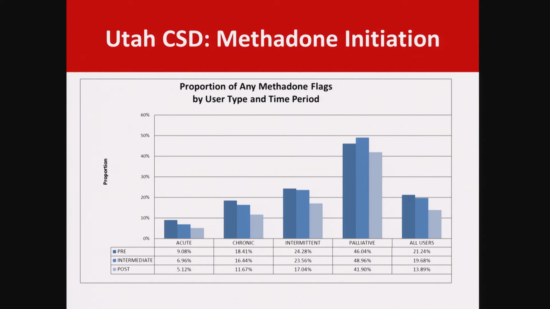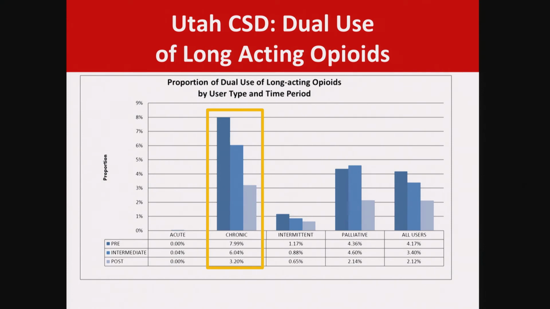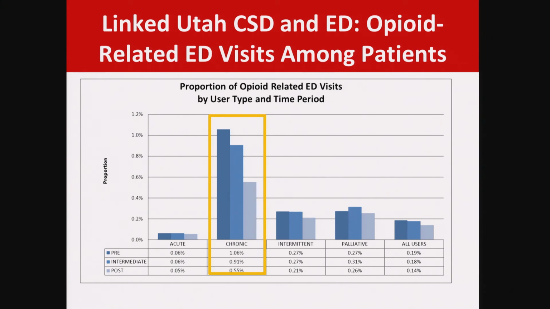One of our other indicators was concurrent prescriptions for long-acting opioids, and we saw such prescriptions drop, particularly among chronic opioid patients in our post-guidelines period. And opioid-related emergency department visits among persons prescribed opioids also reduced in our post-guidelines period. These are pretty rare events, but it was still happy to see a sharp decline there.